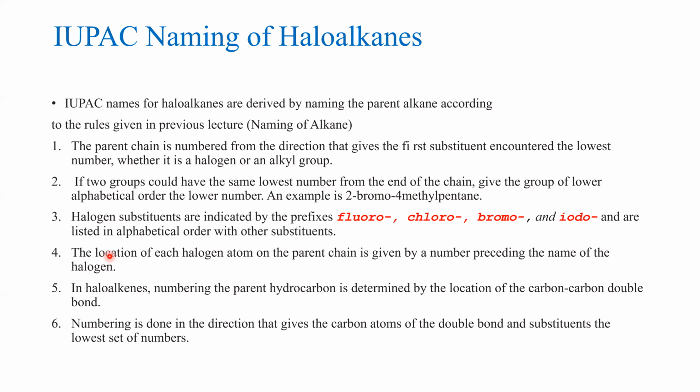The third point is halogen substituents are indicated by the prefixes fluoro, chloro, bromo, and iodo, and are listed in alphabetical order with other substituents, right? So that we have demonstrated there, whether you have more than one halogen atom, or you have a combination of one halogen atom and one alkyl substitution. You will name that in alphabetical order, and these halogens are used as a prefix.